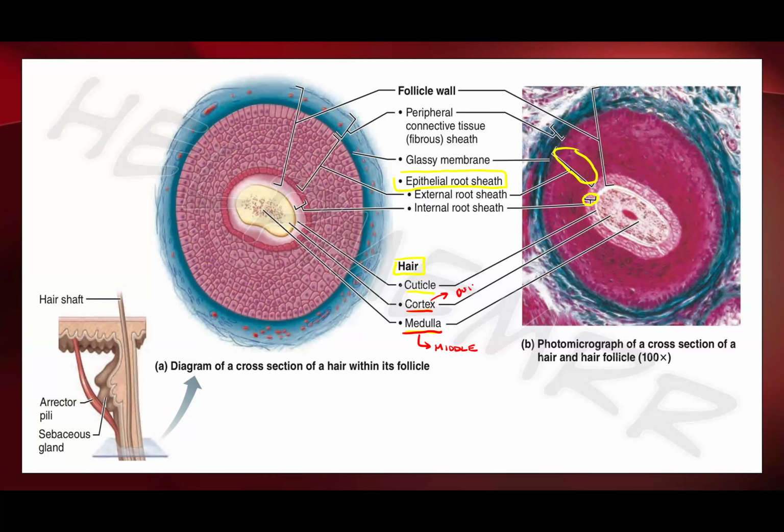So you can think the outer portion. So with these three, we're going to have the medulla in the middle. We have this cortex like the tree bark. And then the cuticle is a layer. Think like the cuticle on your fingernails, right? It's that outer layer.